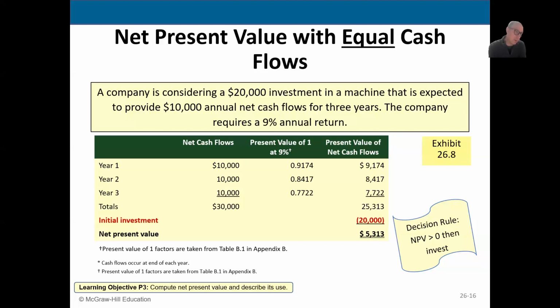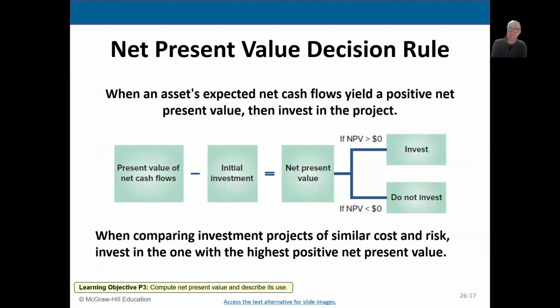The idea behind it is that we need to understand what the initial investment will be worth at the end of that time frame. That's why we do this. So when an asset is expected to be greater than 0, we do the investment typically.